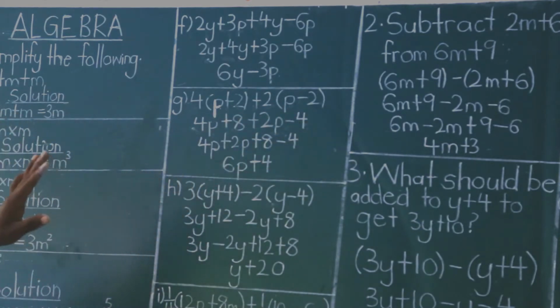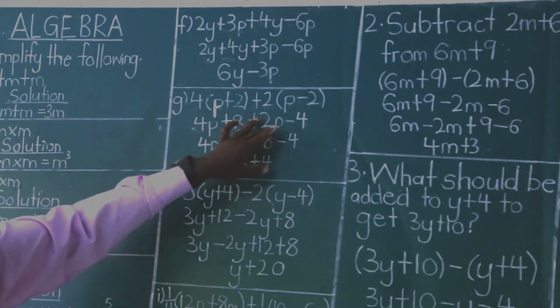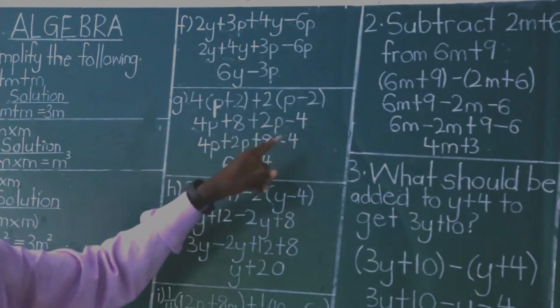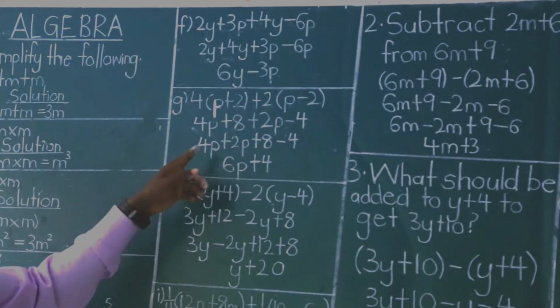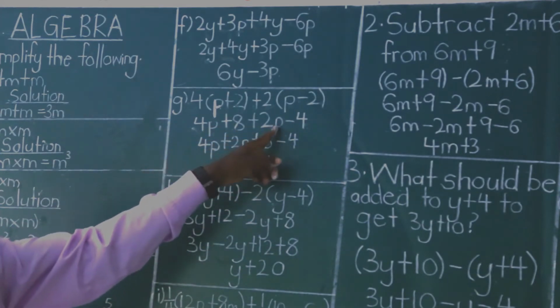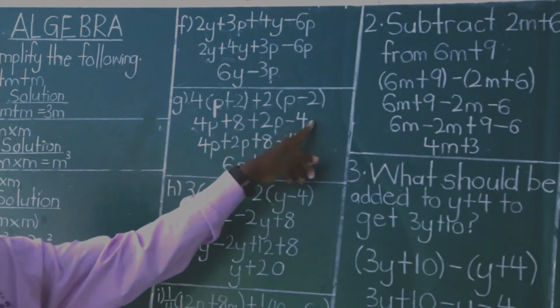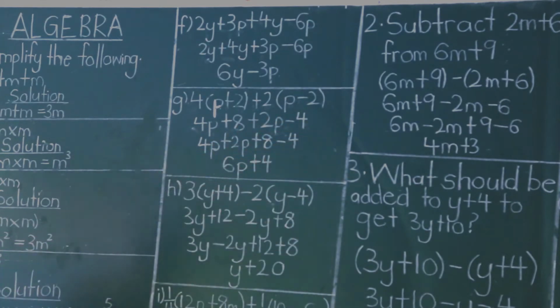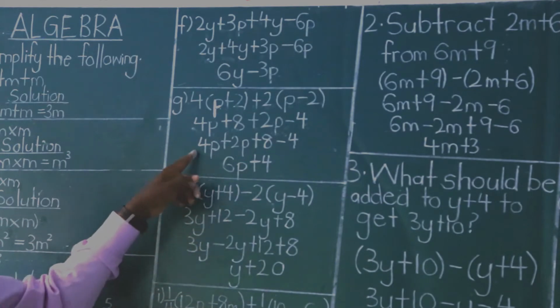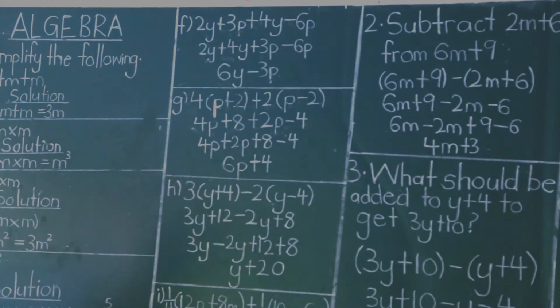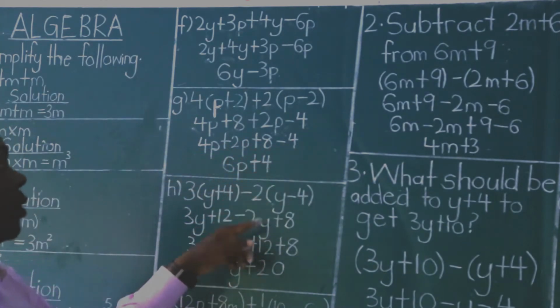The signs remain constant. Before we go to the collection of like terms, collect the p's together and those without p's together. So the next step is 4p plus 2p plus 8 minus 4. And then you add them. So 4p plus 2p is 6p and 8 minus 4 is 4.